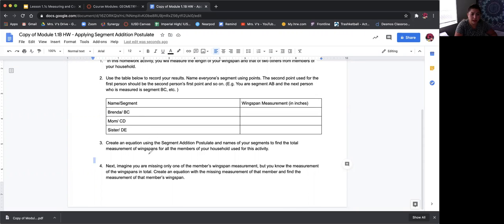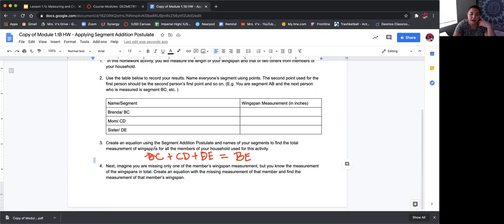And we're saying that BC plus CD plus DE gives you the largest segment. So what is the largest segment whenever you put everybody else together? Well, you get the outermost points, which is B and E. And you're gonna go ahead and solve it that way, okay?